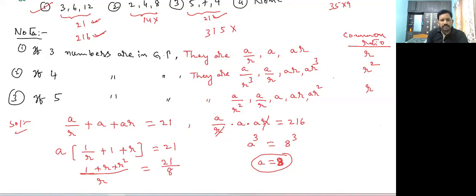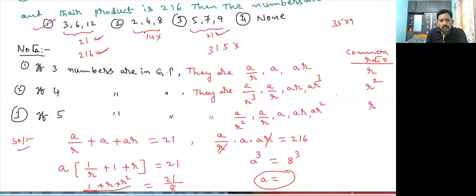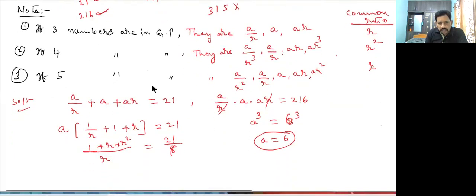See the calculation. 216 means 6 cube. This is 6, so here also 6.